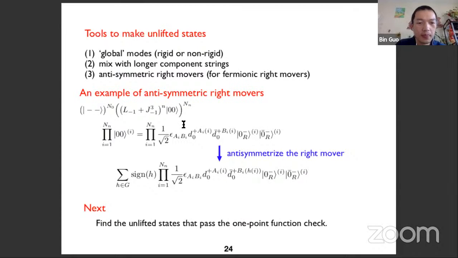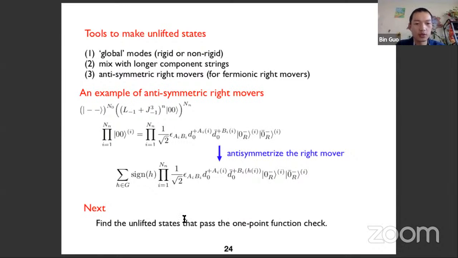For example, if we look at this particular CFT state, we can write down the product of this 0, 0, and we sum over all possible permutations of the right movers and give them proper sign. In this way, we can symmetrize the right mover, and if we do this replacement, the state will be unlifted at second order.